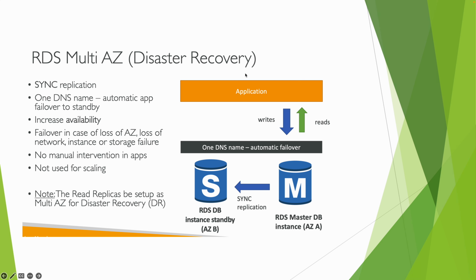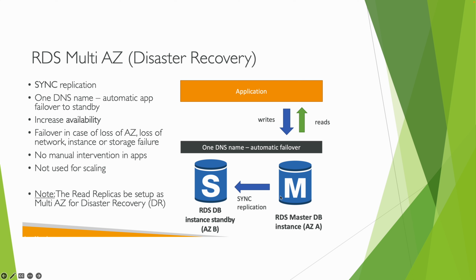We have one DNS name for both. Whenever your master instance has an issue, it will automatically be shut down, and the standby database will become the master and serve your application.